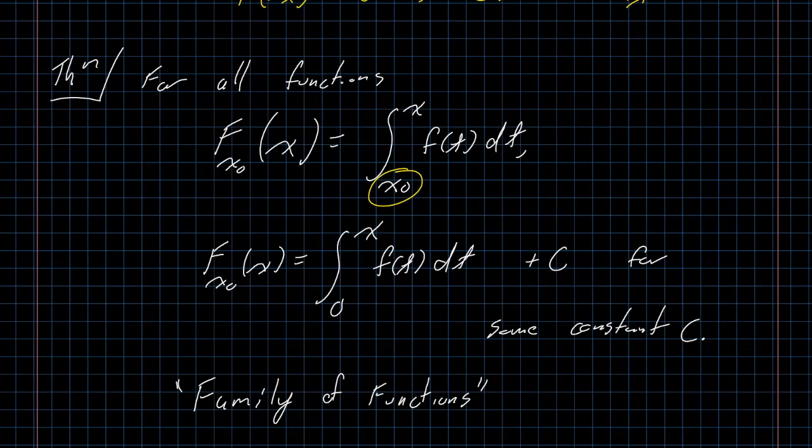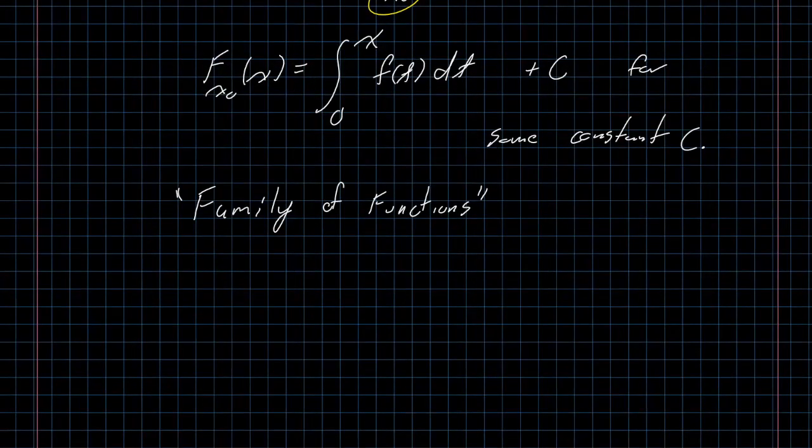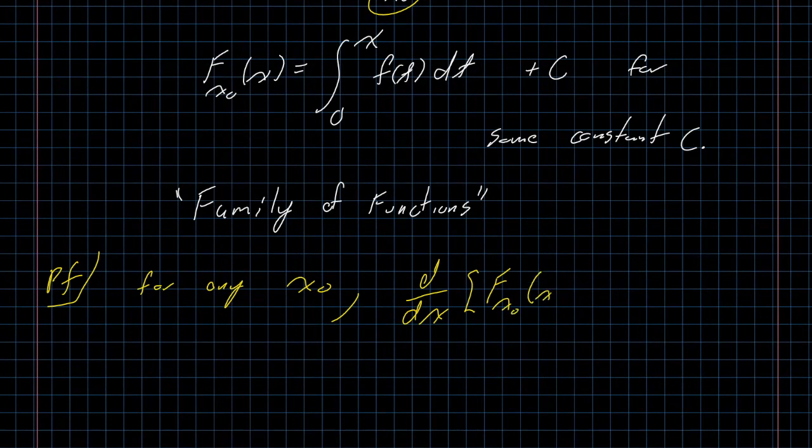So x naught is the subscript that defines which function we are looking at, but they're all based around the same density function, little f of t. And that's why for any x naught, the derivative of f sub x naught of x is equal to little f of x.